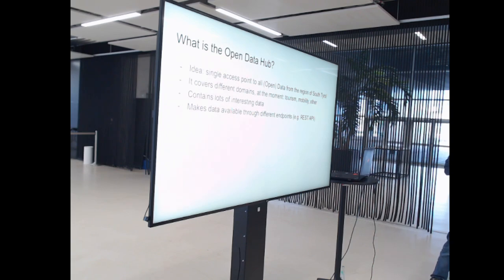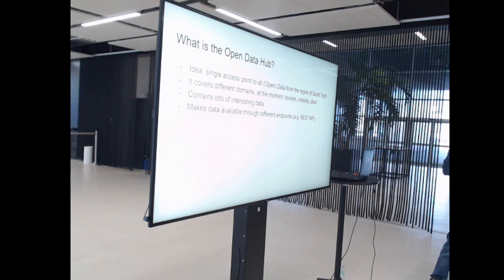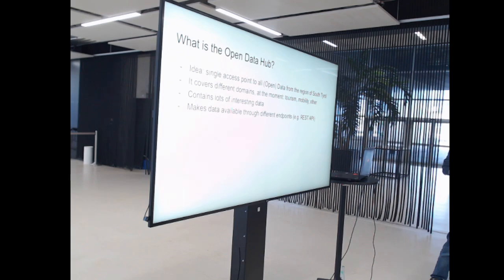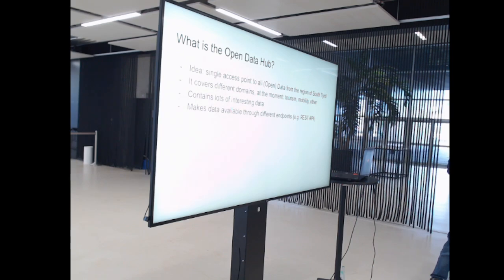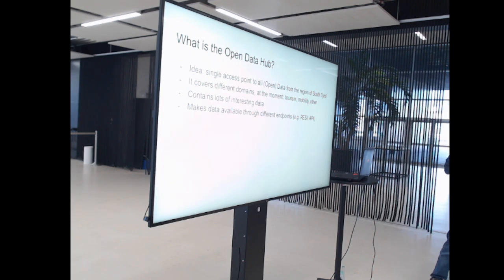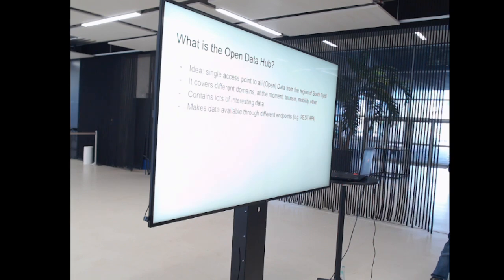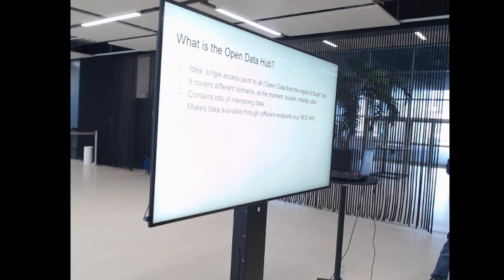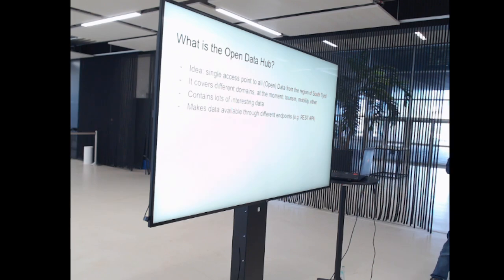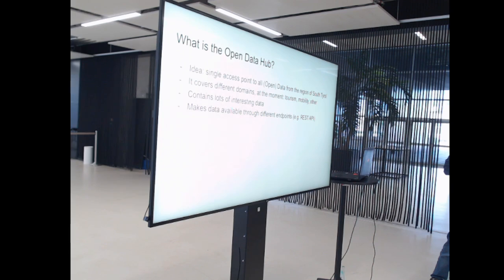And then we have the mobility domain that covers data about traffic, about parking, and things that you need when you are mobile or when you are traveling. And then there is the other domain. It covers datasets that don't belong to any of the prior two domains, so they are just inside the other domain.